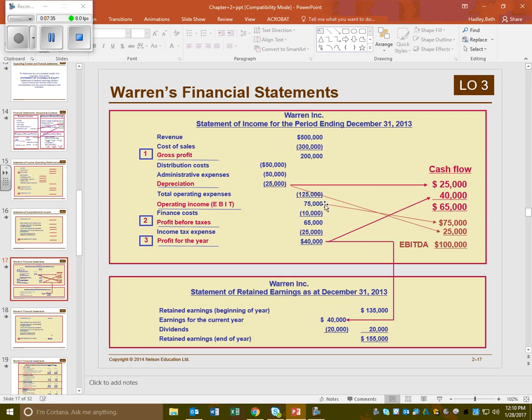The EBITDA just adds back the depreciation. So it tells you what your operating income would be even before your depreciation is subtracted off of there. So you'd add back the 25 to the 75 to say that your EBITDA is 100,000.